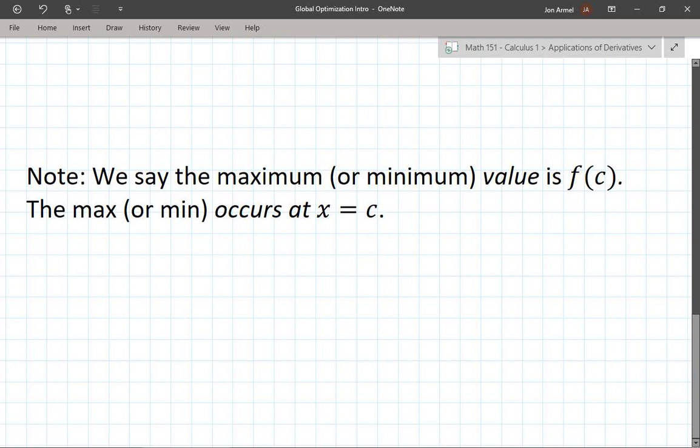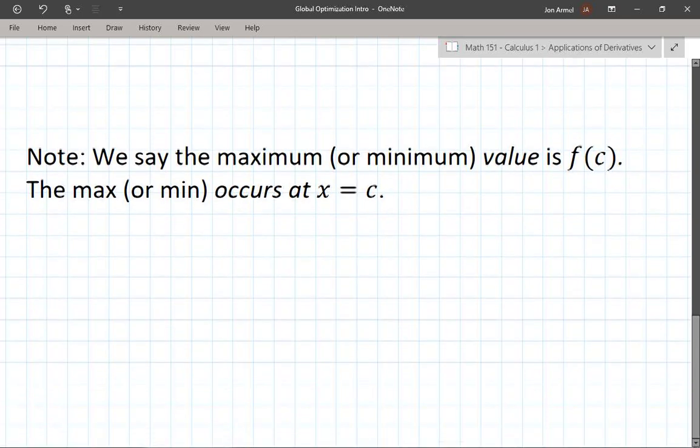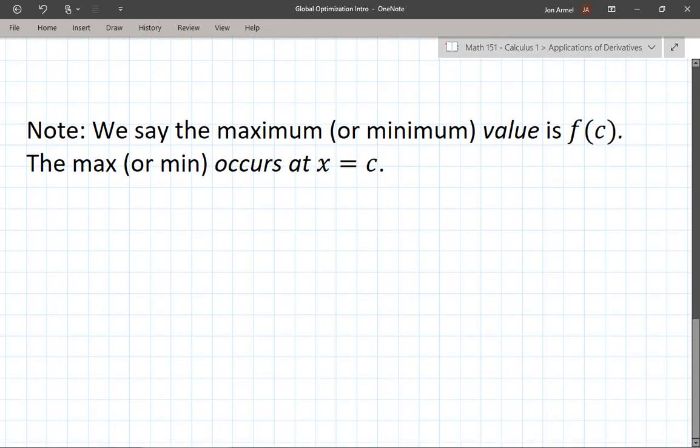The maximum of the function is the output of the function, like the value on the y-axis. We say it occurs at whatever the x is. So be careful that you keep those two things straight. You don't want to say the max is x equals 3. That doesn't actually make sense. The maximum is whatever the output of the function is, not the input.